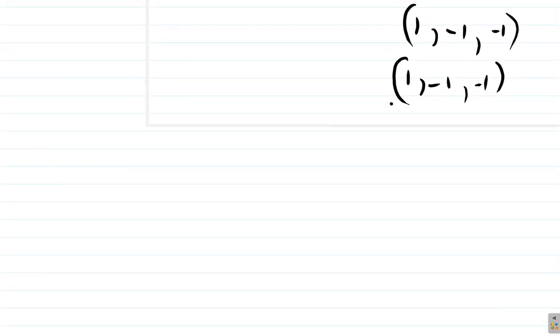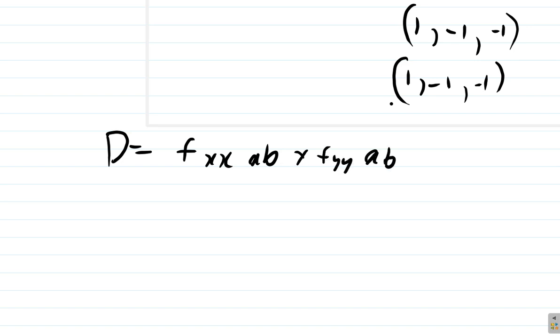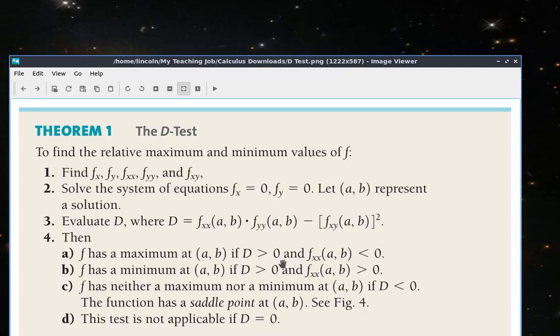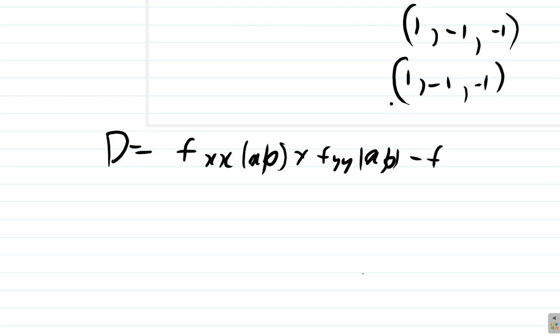So I want to find out what is d. d is f of xx ab times f of yy ab. A and b would be the values of x and y. Alright? F of xx ab, f of yy ab minus f of xy ab squared. And that will be squared.